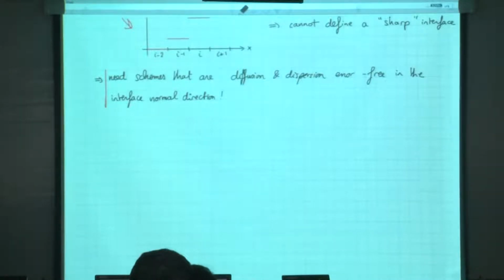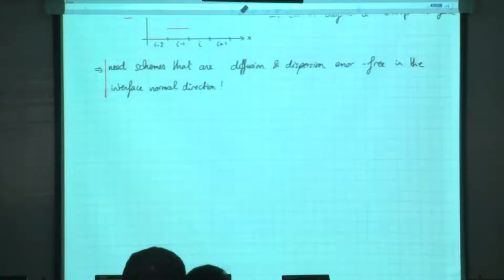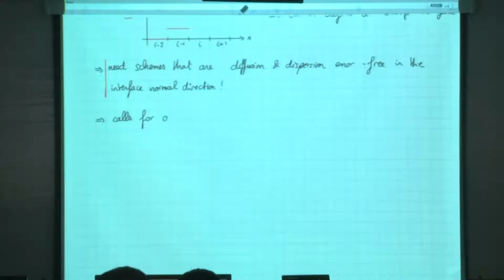If I know where my interface is, and I move my interface in brackets and compute the volume of that moved interface, then I will have not spread artificially my volume at all. So that goes for geometric treatment of the interface.